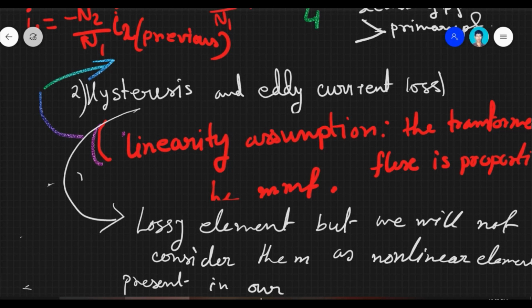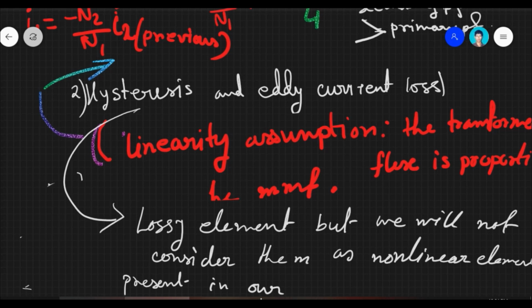This hysteresis effect is itself a non-linear phenomenon. But what we are doing here, we are playing a very clever trick. We are not trying to realize that hysteresis or that non-linear characteristic during our present analysis.